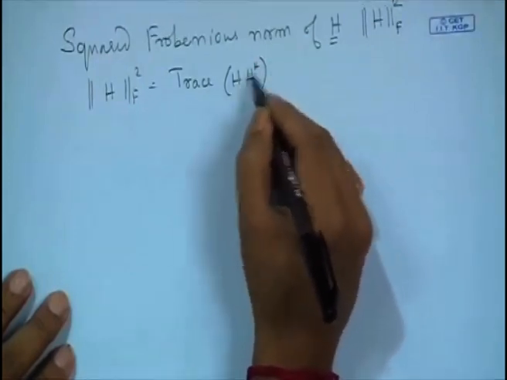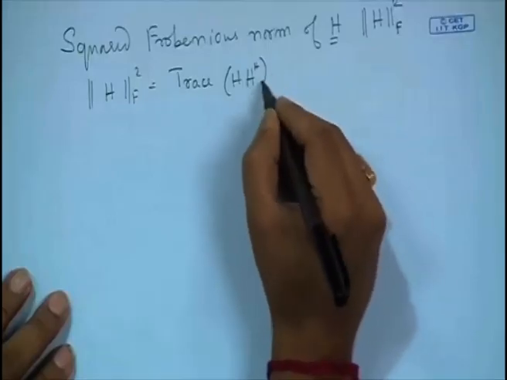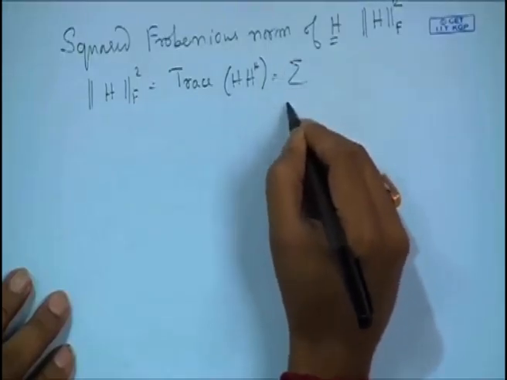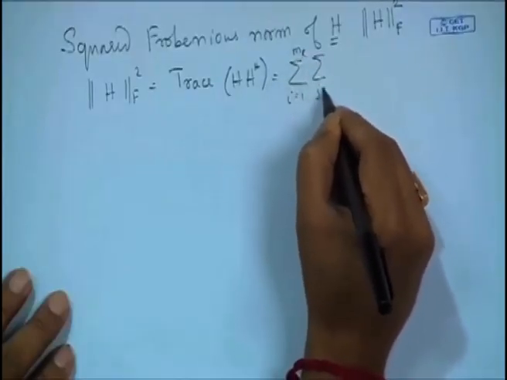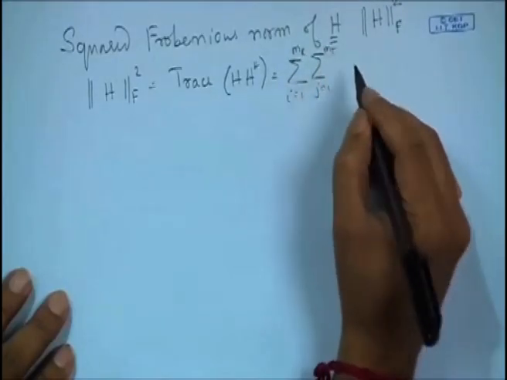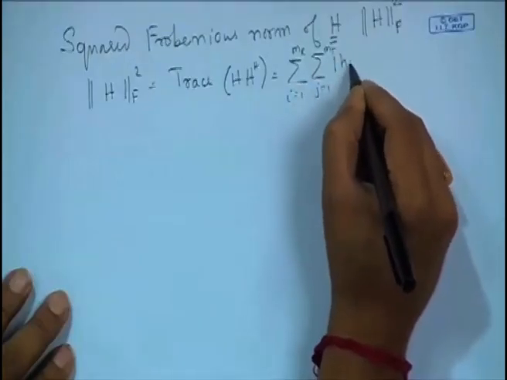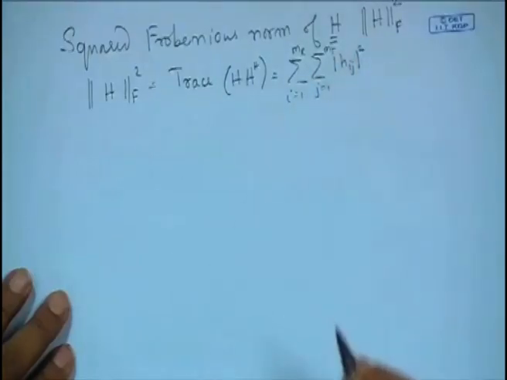Hermitian operation is the transpose with the complex conjugation, which equals the sum over i equals 1 to mr, j equals 1 to mt, of the modulus of hij squared.